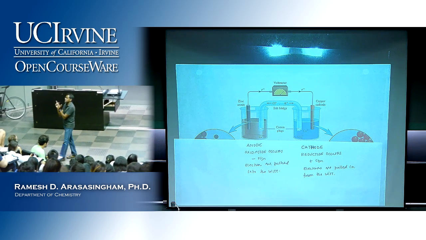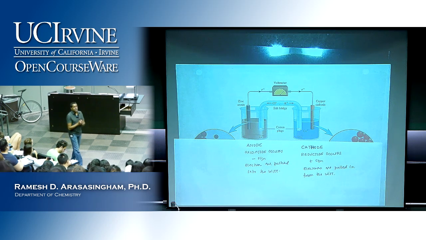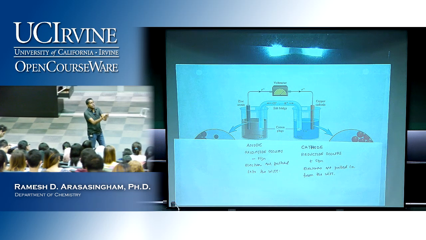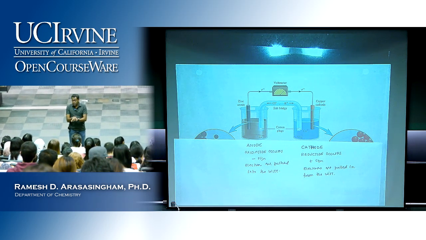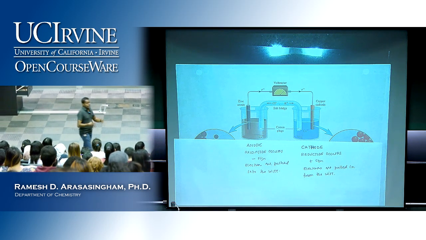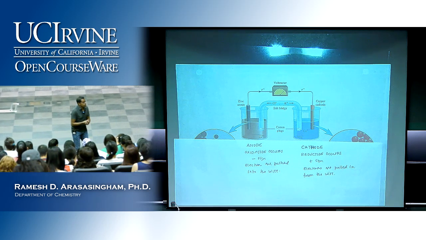So any electrochemical or galvanic cell has two components. If you take a galvanic cell, it's got an anode, because we've separated the two reactions. Remember, if they were in contact with each other, the electrons would be transferred directly from one to the other, and that's not useful to us. So we're taking advantage of a spontaneous reaction that we know has a natural tendency to occur without any external influence.